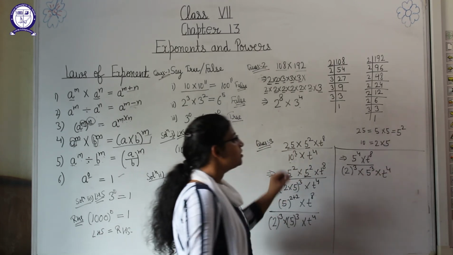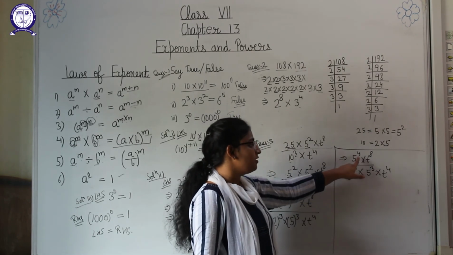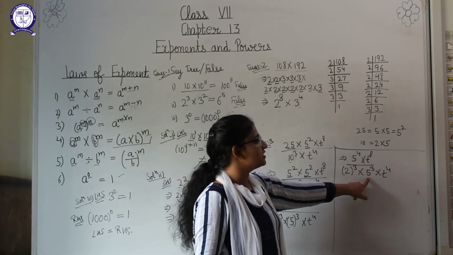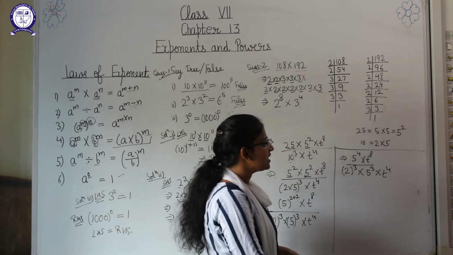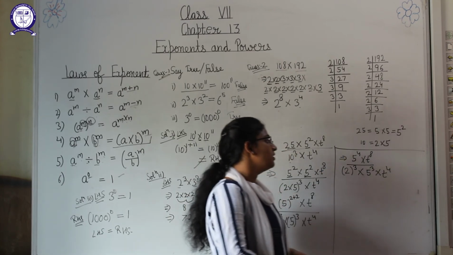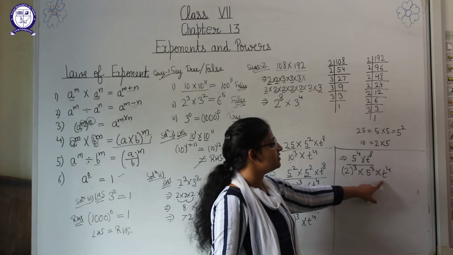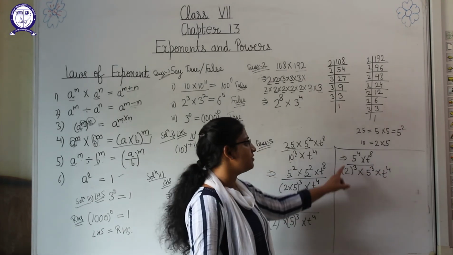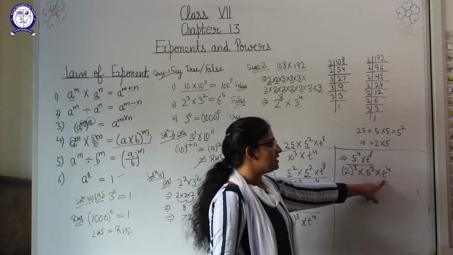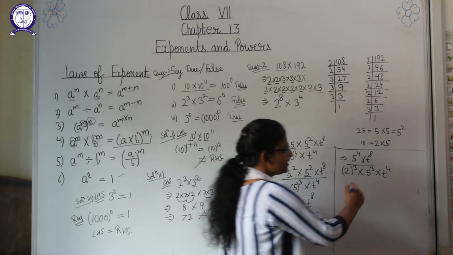Now students, what will we do here? 5 raised to the power 4 is given, it is 5 raised to the power 3, and these are in division form. Here t raised to the power 8 is given, and t raised to the power 4 is given. Again these are in division, so their powers can be subtracted.